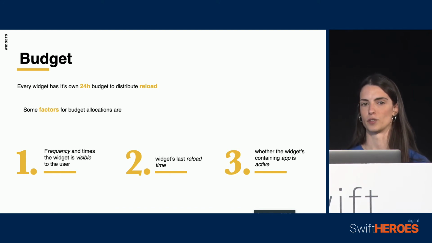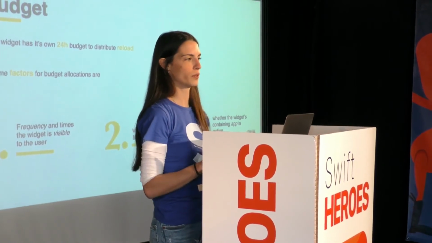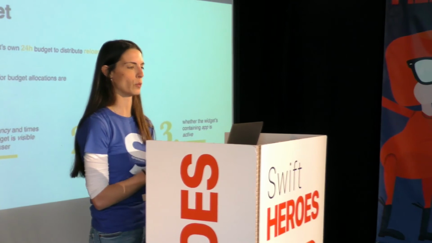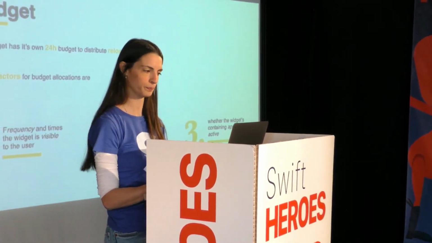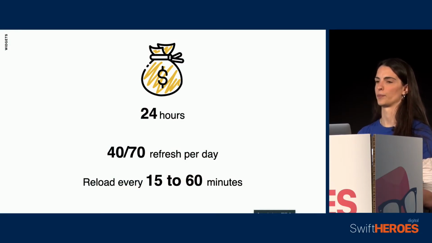The second factor depends on the widget's last reload time, because the times of reload can be too close. And the third factor is whether the app containing the widget is active or not. So by default, for a widget that is frequently viewed, you have from 40 to 70 refreshes per day. That means from 15 to 60 minutes for every reload.